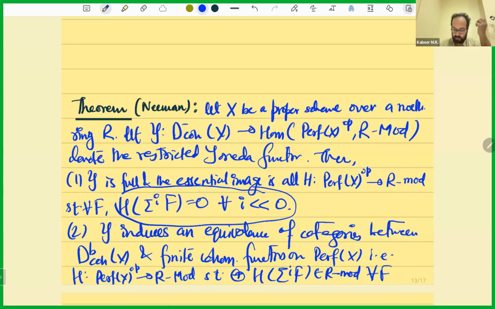And again, Y induces an equivalence of categories between the bounded derived category of coherent sheaves and finite cohomological functors. So Neeman has also identified exactly what the finite cohomological functors on perfects are. All right.